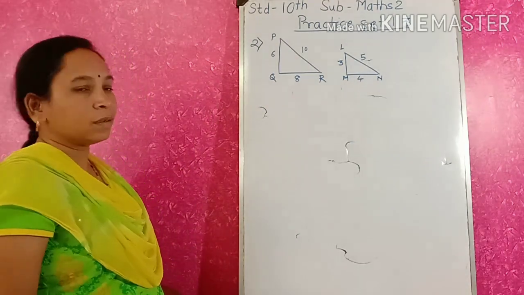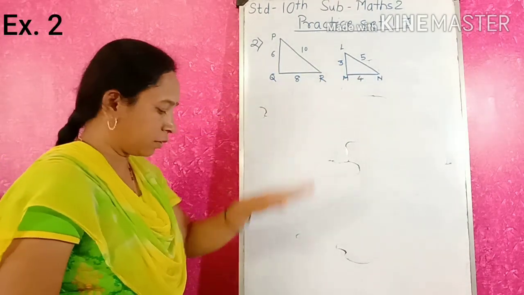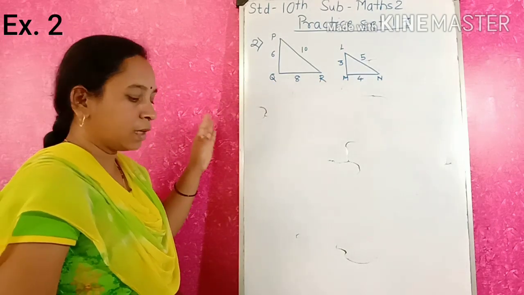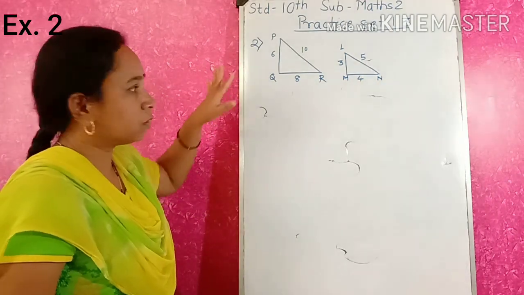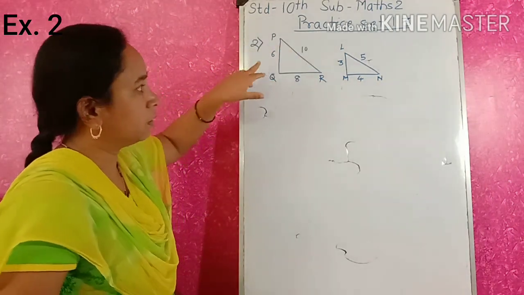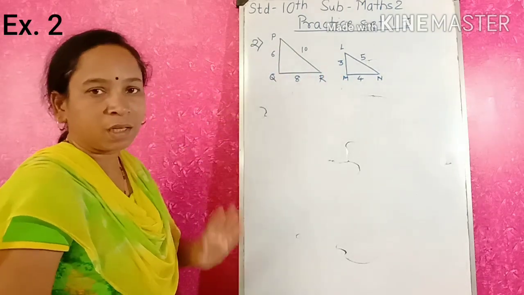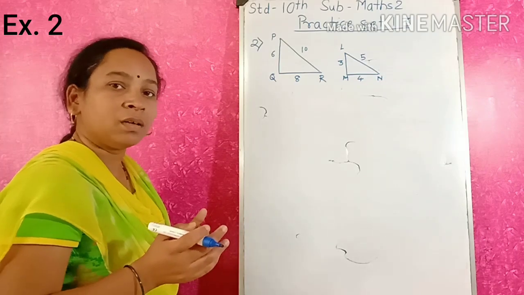Second example, in this example they gave the two triangles PQR and LMN. They asked whether the triangles in these figures are similar, and if yes, by which test. If you observe, here sides are given. All three sides of PQR and all three sides of LMN are given. So I'll check the condition for the sides.